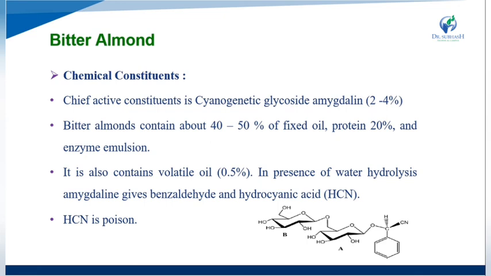In the presence of water, hydrolysis of amygdalin gives benzaldehyde and hydrocyanic acid, that is HCN. Okay, HCN is poisonous, harmful for the body. So this is the structure of amygdalin, the glycoside. The chief constituent is amygdalin, present at 2 to 4%.